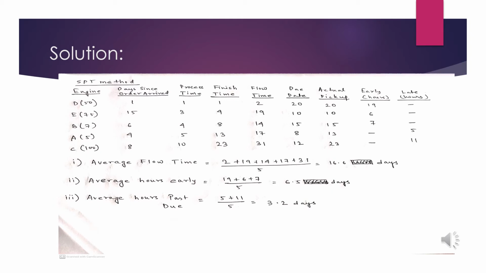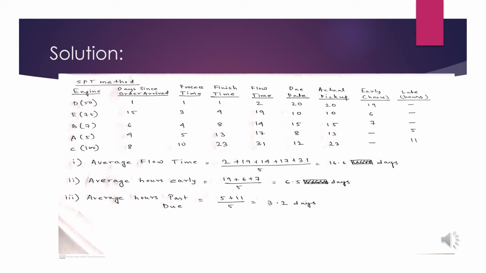Coming back to B, the finish time is 8, the due date is 15, so the actual pickup day will be 15, which gives us early hours of 7. Now coming back to A, whose due date was 8, but the work has been completed at 13. So the actual pickup time will be 13, which gives us hours late of 5.